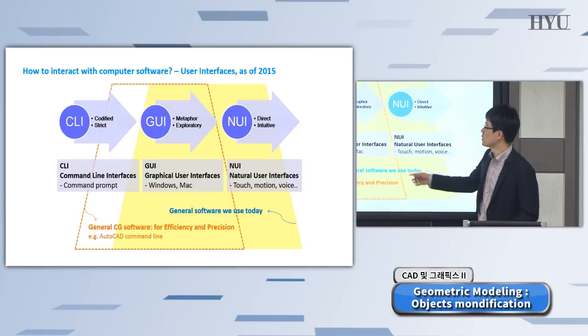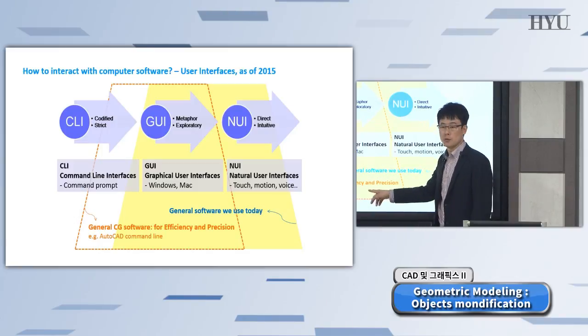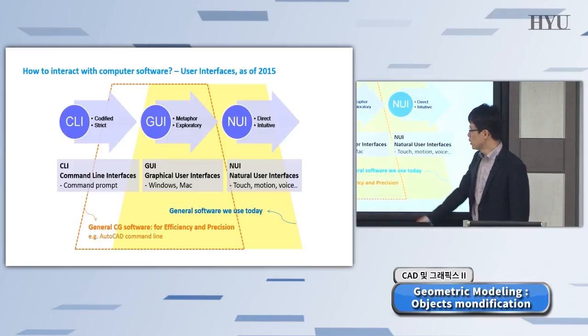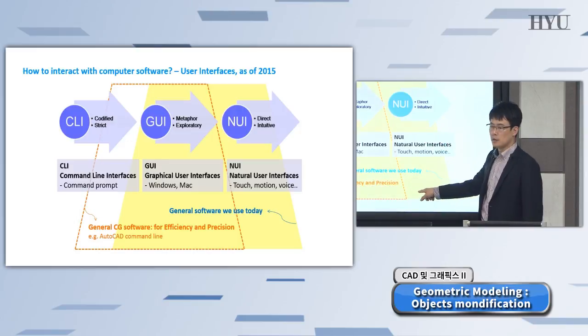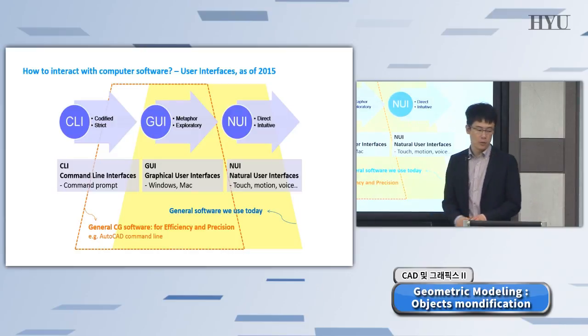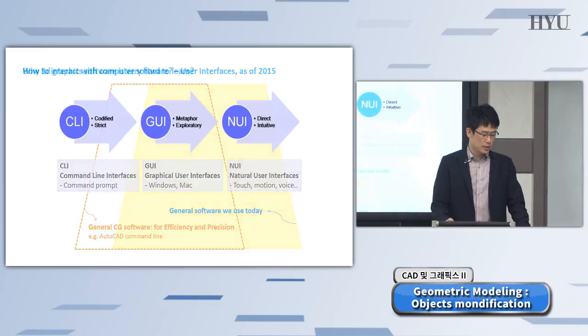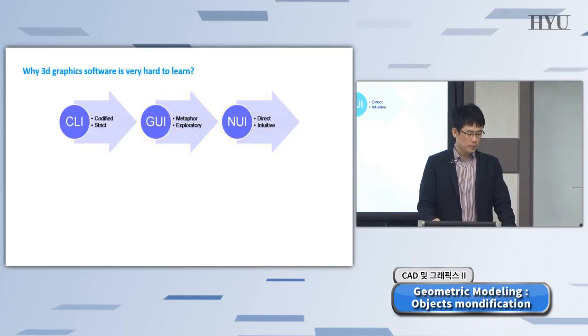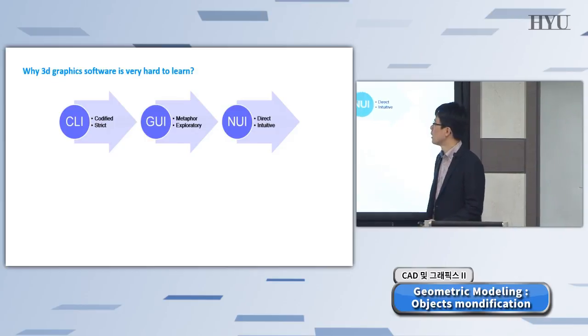That's why we use some part of CLI, mostly based on GUI, simply because it should be efficient and precise. AutoCAD's command line and some other applications use such an interface. Why are 3D graphics applications hard to learn?